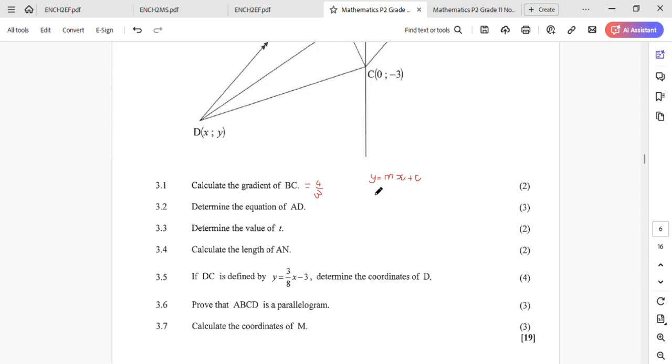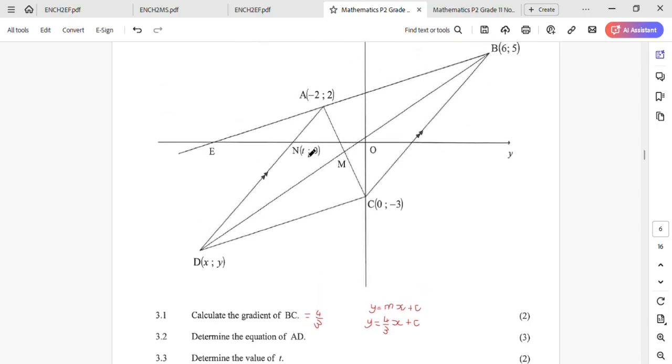This is the general equation, but we know our gradient is 4 over 3. If I'm not mistaken, here it's 4 over 3, x plus c.